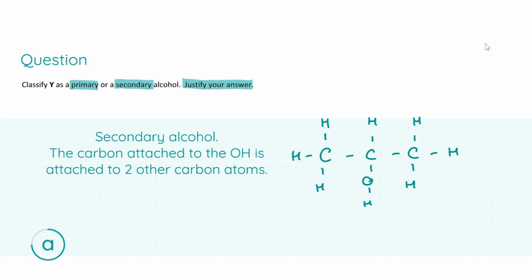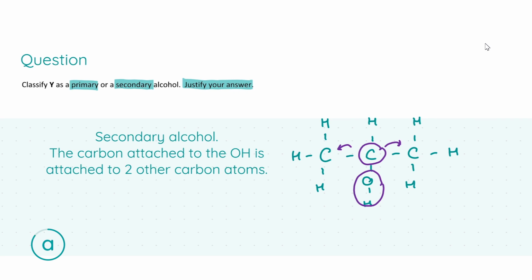Now, I can see that it is a secondary alcohol, but why is this? It is because the carbon attached to the OH, so this carbon, is attached to 2 other carbons because it's attached to this one here and this one here.